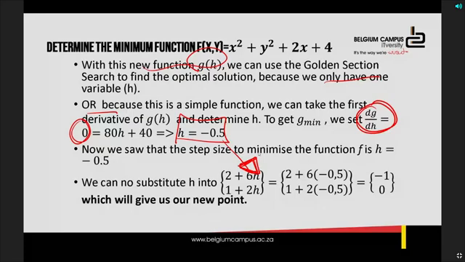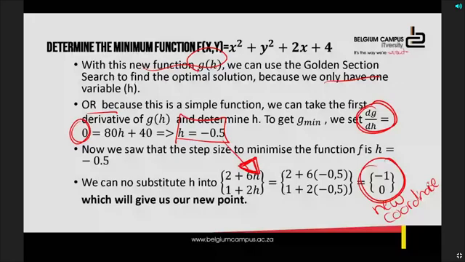Plus 6 times minus half is minus 3. We got 2 minus 3 is negative 1. 1 plus 2 times minus a half is going to be 1 minus 1. It's going to give you 0. So this is your new coordinate, and you moved. That's basically a move.